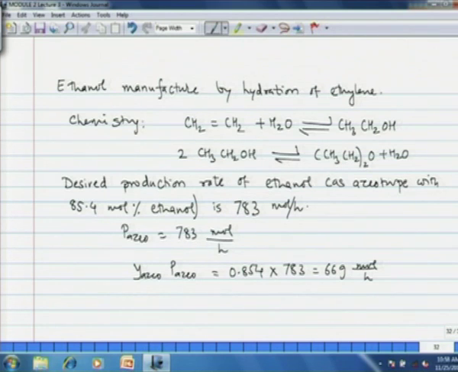Then the amount of water that is in the product stream is 783 minus 669, which is 114 mole per hour.